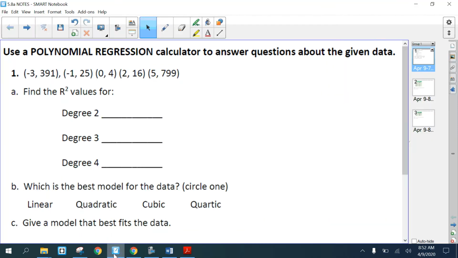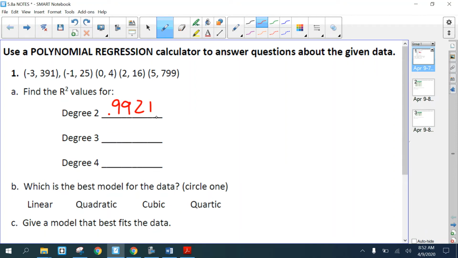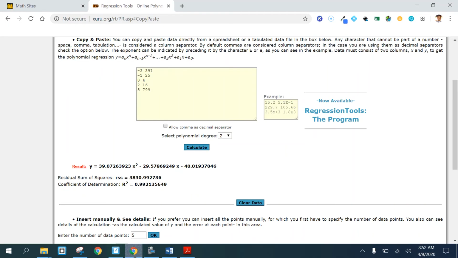So the r squared value for degree 2 was 0.9921. That number tells us how good of an estimate our equation is. So that equation up there, y equals 39.07, and so on, may or may not be a very good estimate. It depends on that r squared value.